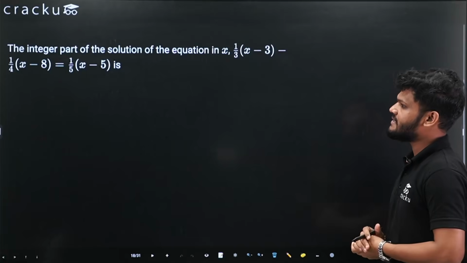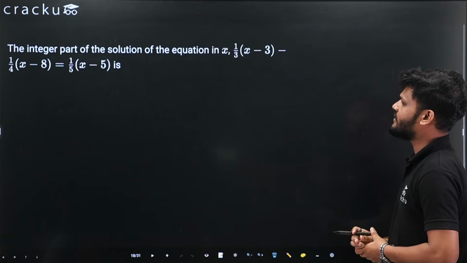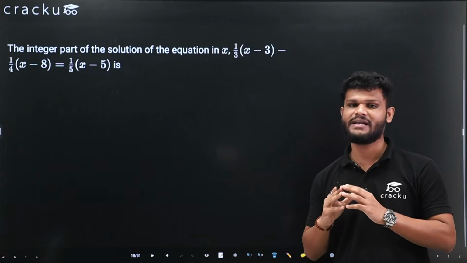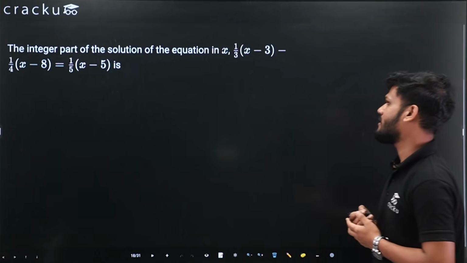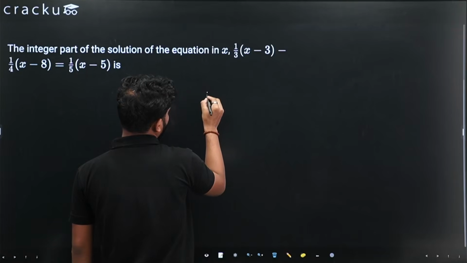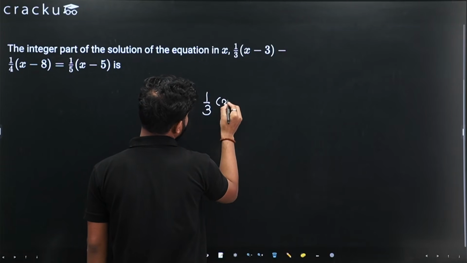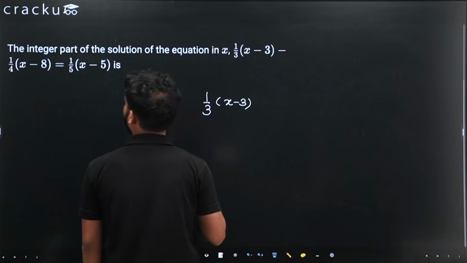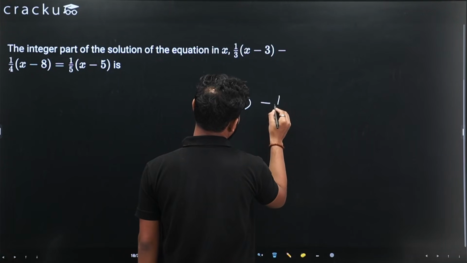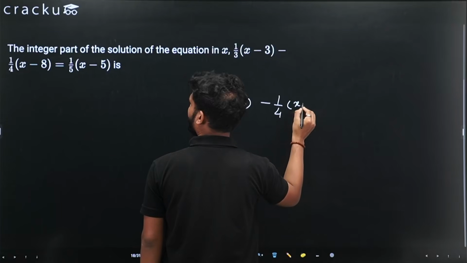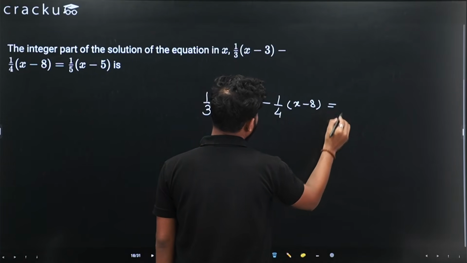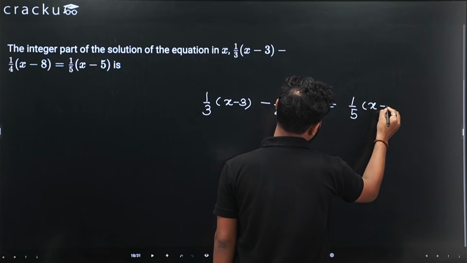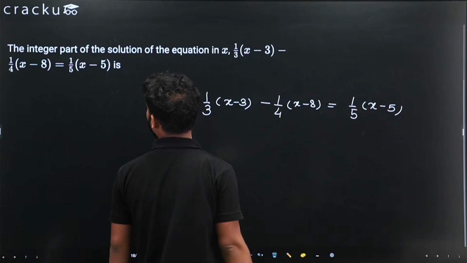In this question we are asked the integer part of the solution of the equation in x. So we have to first find the solution of the equation, which is the x value, and then we have to find this integer part. So first we are given 1 by 3 into (x minus 3) minus 1 by 4 into (x minus 8) is equal to 1 by 5 into (x minus 5), right?